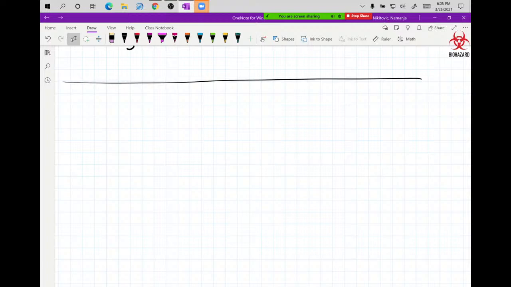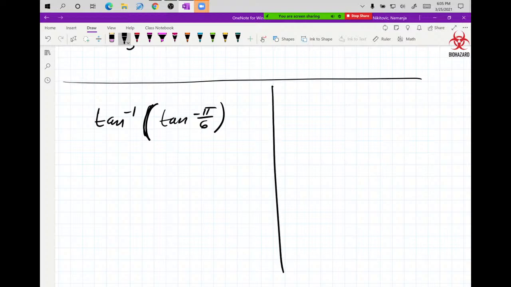Tangent inverse of tangent negative pi over 6. So that's one problem. And the other problem is, ooh, nice, secant, huh?